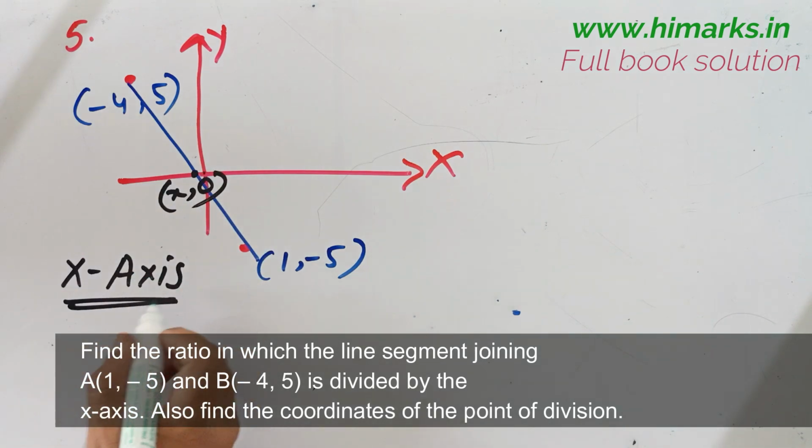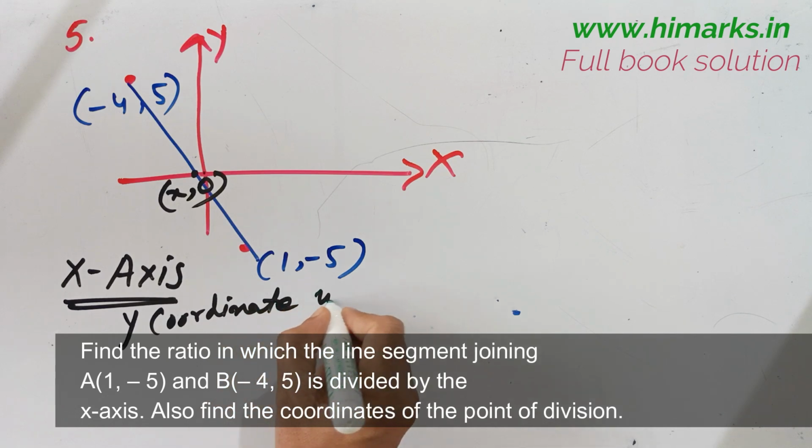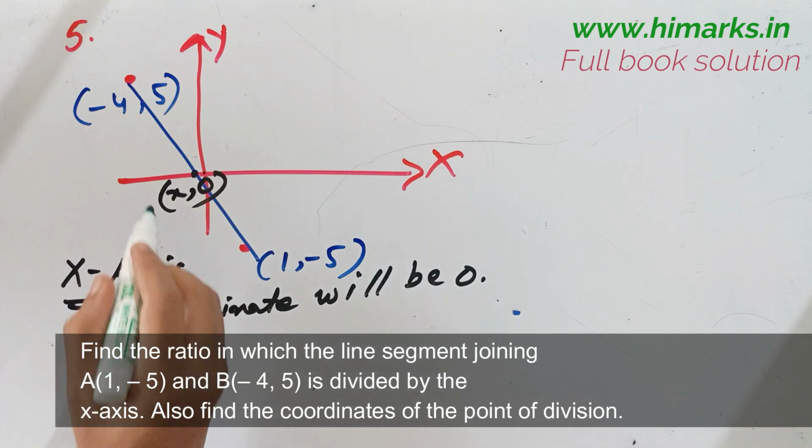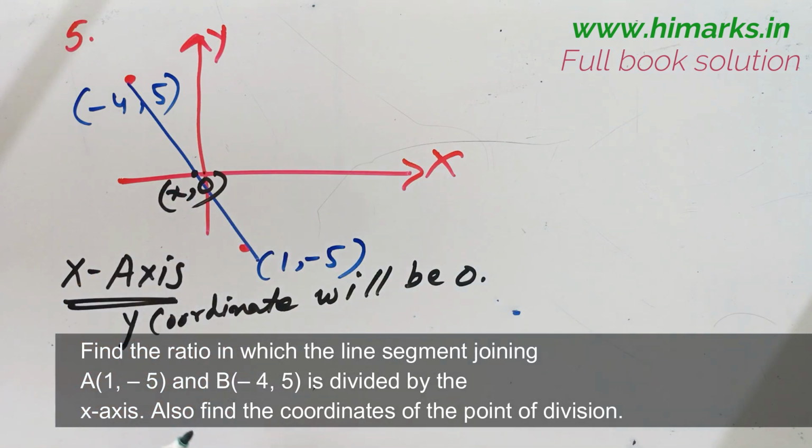So the main point is that the y coordinate will be 0, which means this point will be expressed as x comma 0.